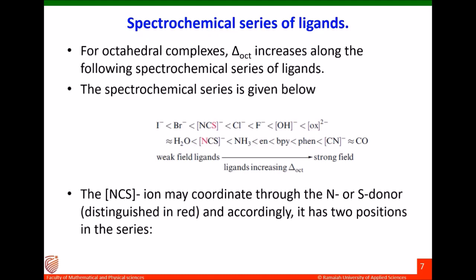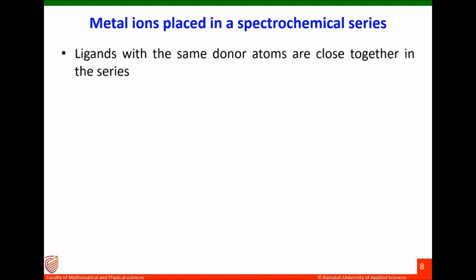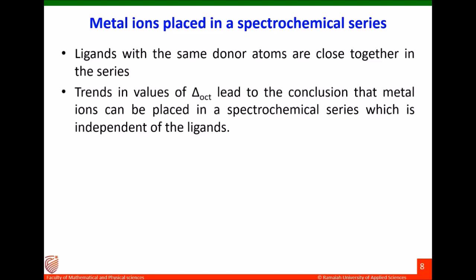Trends in the value of delta octahedral lead to the conclusion that metal ions can be placed in a spectrochemical series which is independent of the ligand. Now you forget about the ligand and consider only the metal ion.